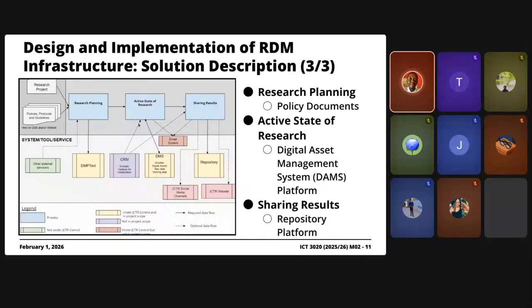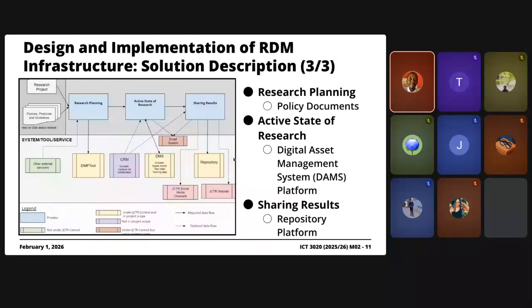And then the active state of research could easily be handled by what we called a digital asset management system, DAMS. And then sharing of the results would actually be handled by a repository platform, ideally.